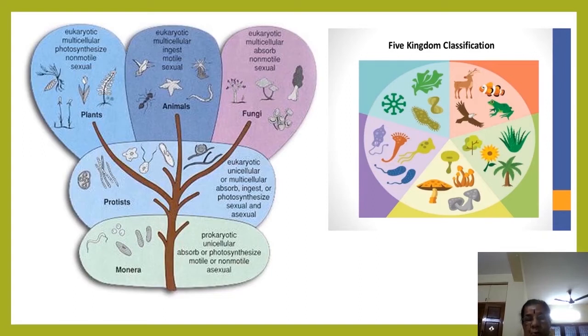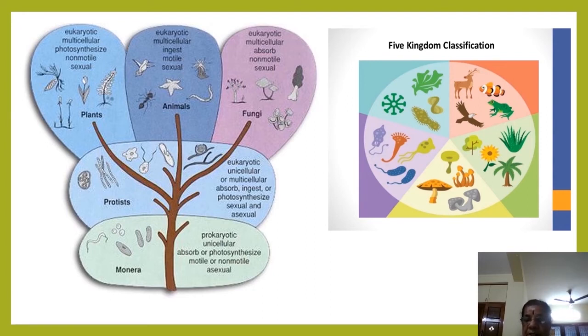What are the characteristic features of prokaryotes? They are unicellular and they absorb food or photosynthesize. That means nutrition is autotrophic or heterotrophic. They are motile or non-motile: some show movement, that is motility or locomotion, and some are not moving.